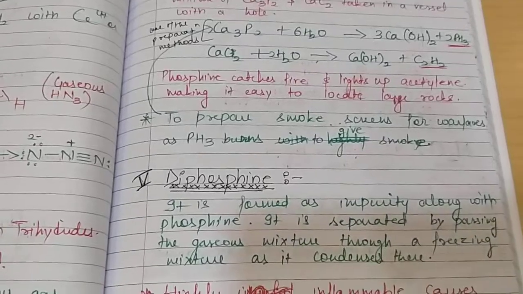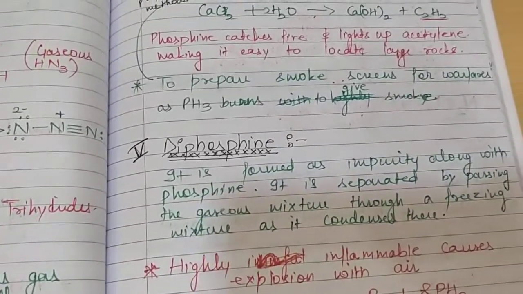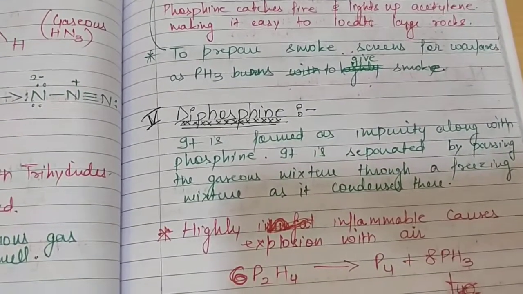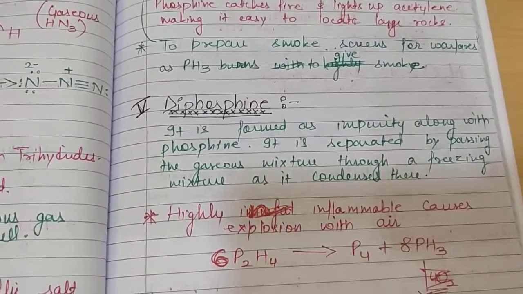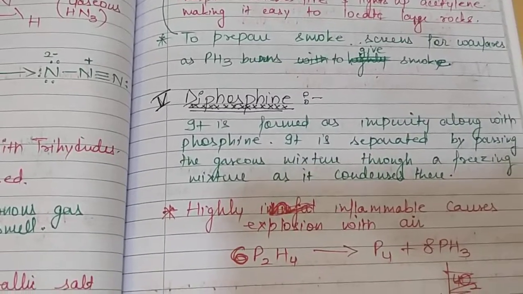Next hydride of phosphorus is diphosphine. It is made from phosphine only. While synthesizing phosphine, diphosphine is formed in that reaction only as an impurity.